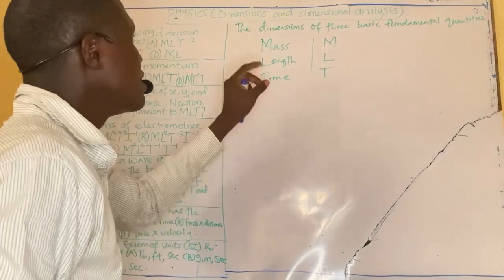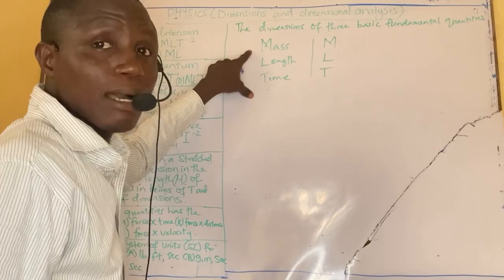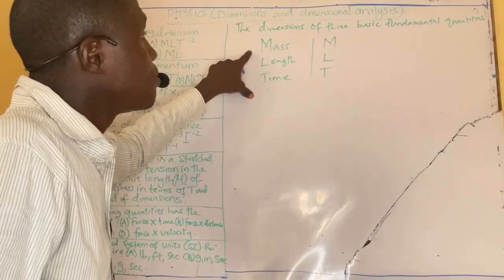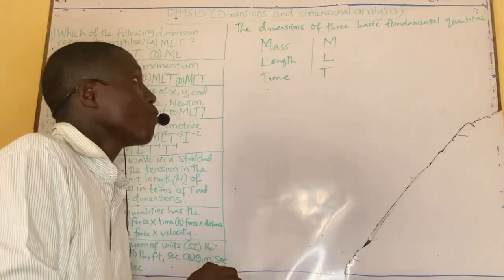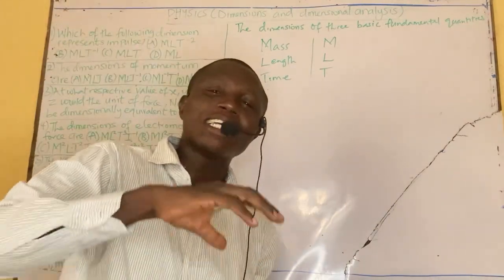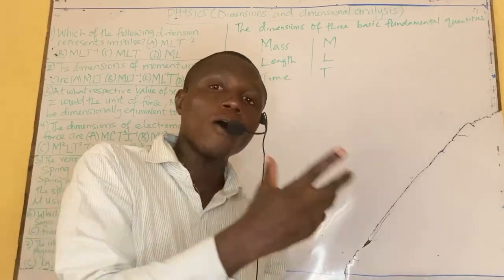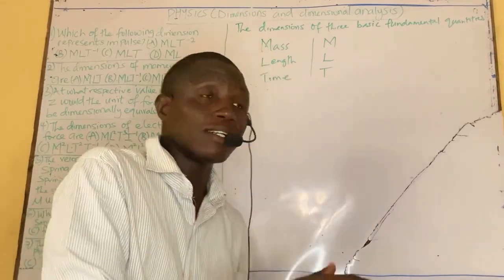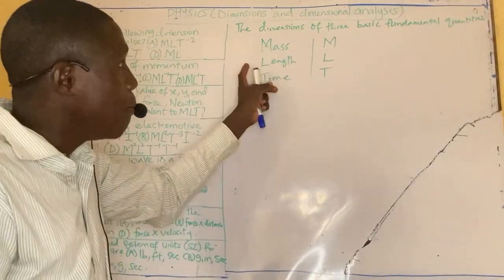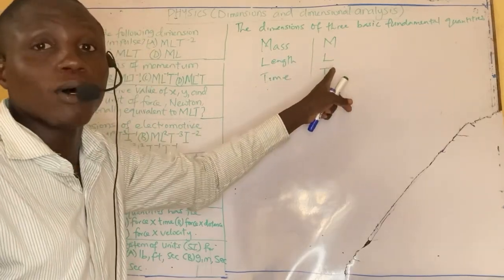We are going to be using these 3 basic dimensions to analyze the other physical quantity. And that's what we call dimensional analysis. Dimensional analysis can be defined as the way by which other physical quantity, usually the derived quantity, is related to the dimension of mass, length, and time.